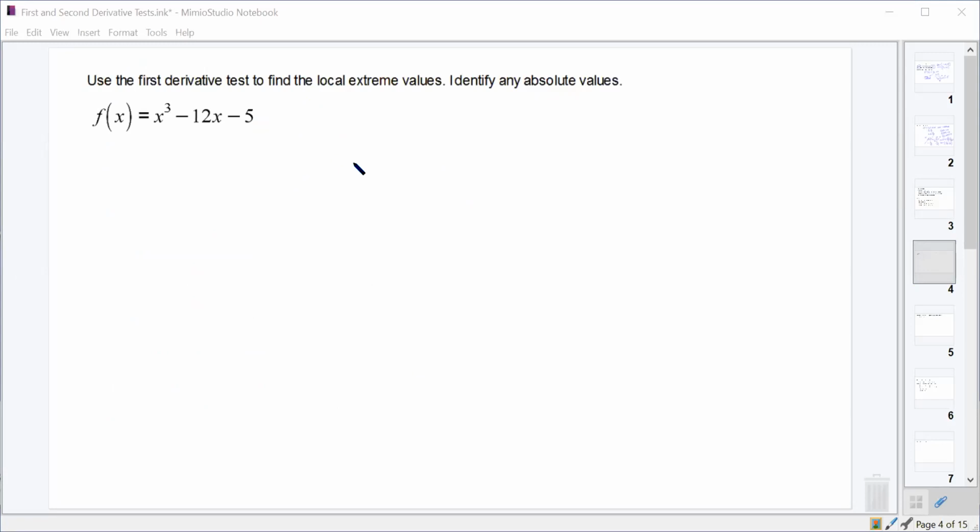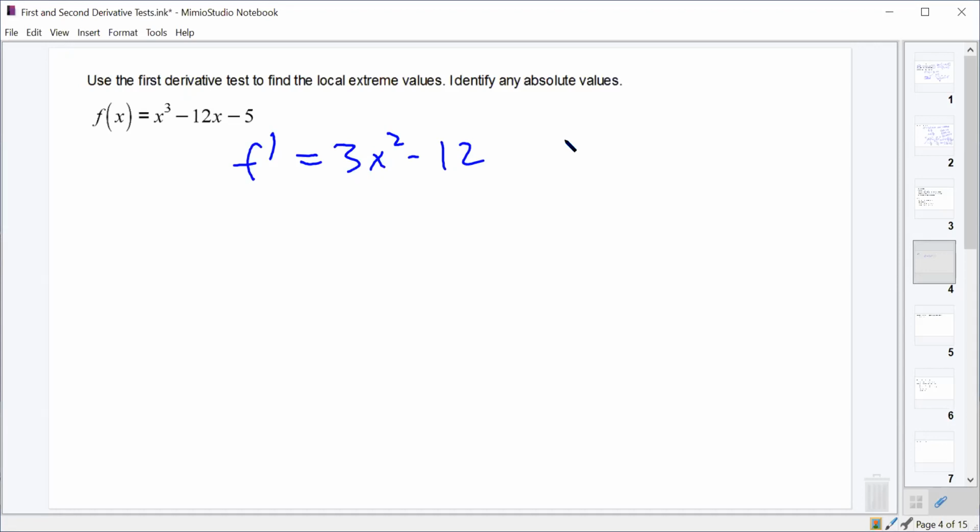Find the derivative. Right, so f prime should be what? Three x squared minus 12. Okay, 3x squared minus 12, good.